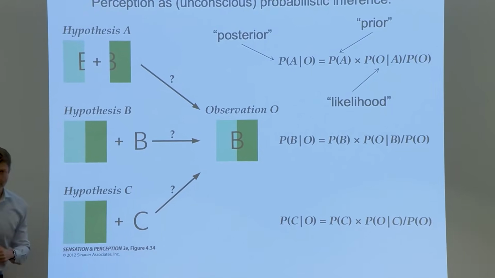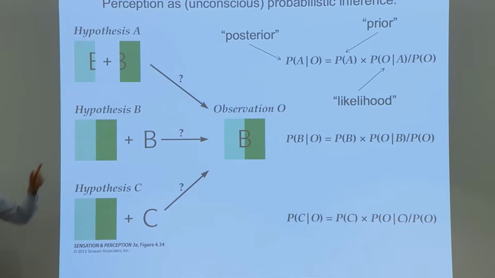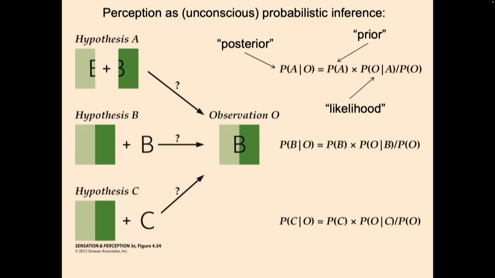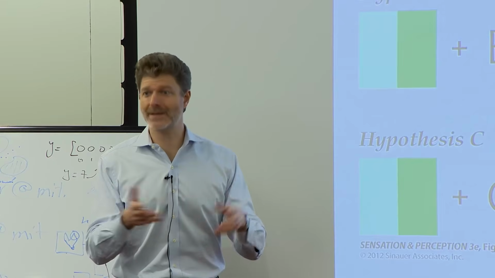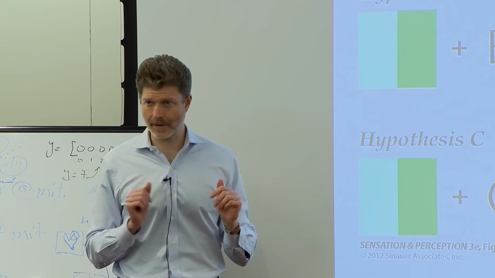Okay, so let's think through in this simple setting what that would correspond to. Okay, so the prior is a reflection of the fact that some hypotheses are a priori much more likely than others just based on the way the world works. Okay?